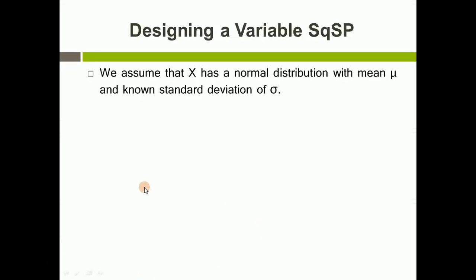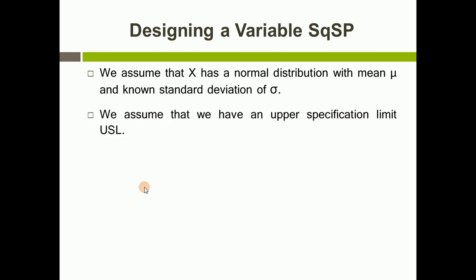So here we are talking about having a quality characteristic of interest, which is x, and we assume that it has a normal distribution with mean mu and standard deviation sigma. In this chapter, we will assume that we have an upper specification limit USL.